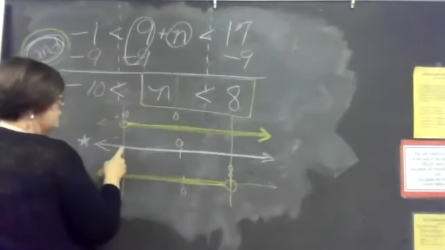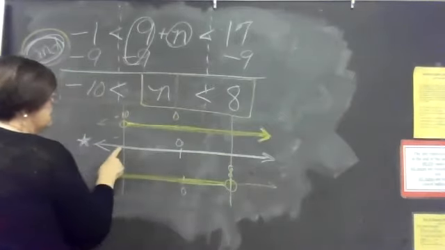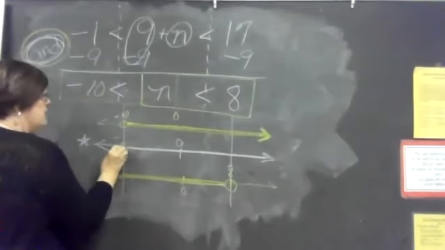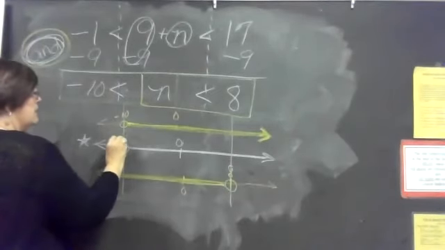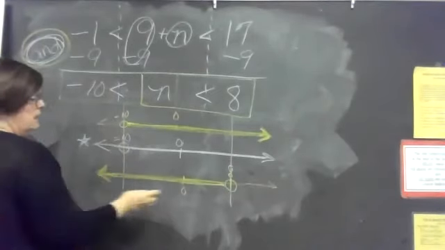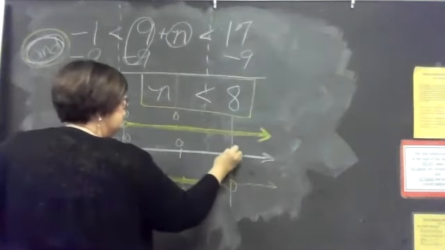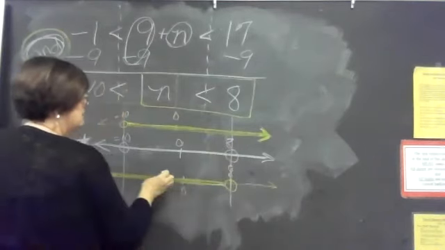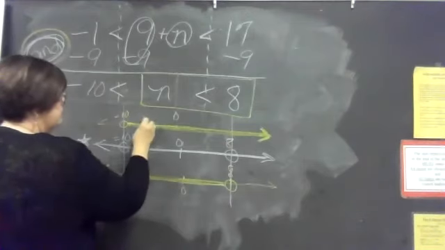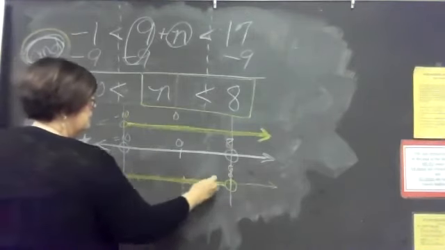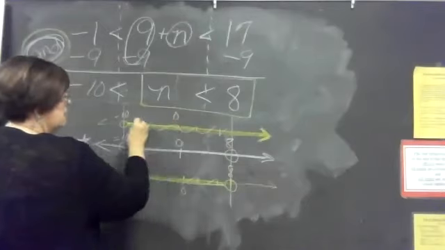So on my actual graph here, I will have an open circle on negative 10 and an open circle on 8. And the part that overlaps, these are the same. See, it overlaps here and here.